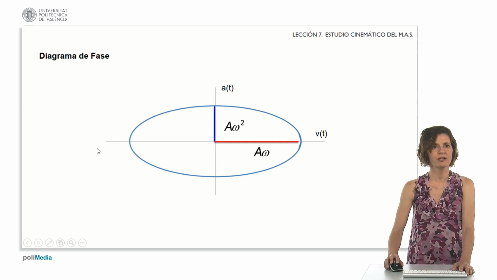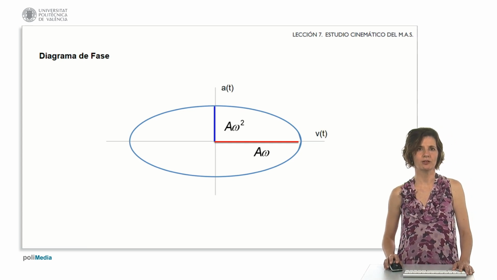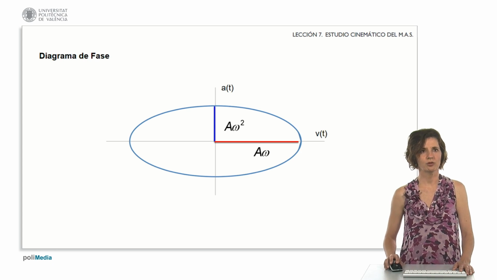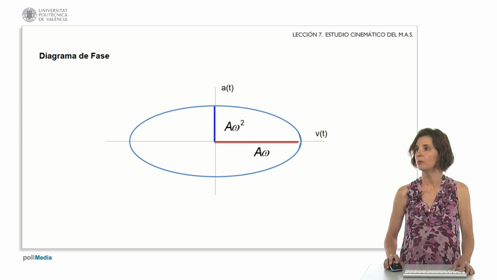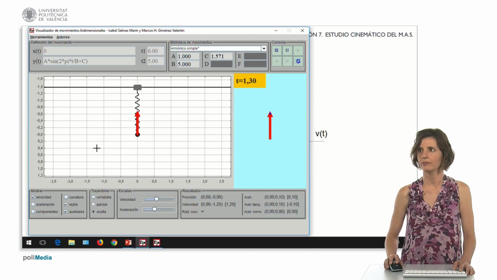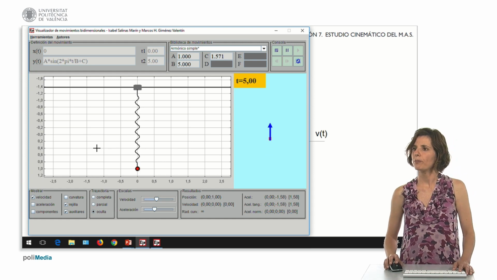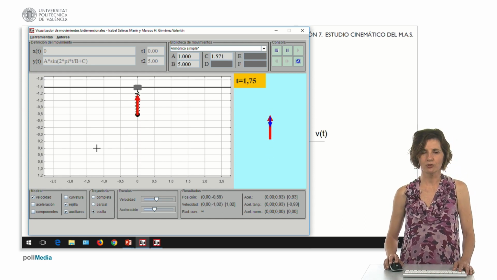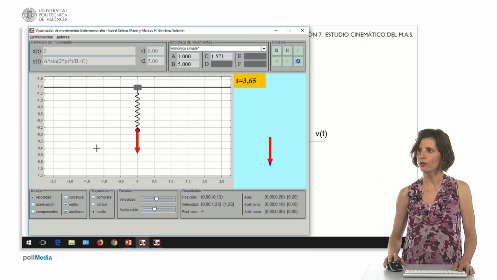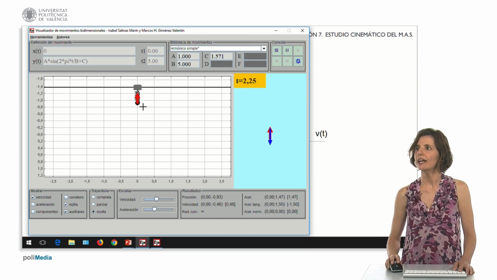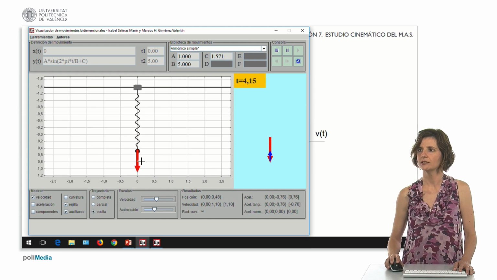Well, let's see how the velocity vector and the acceleration vector evolve in simple harmonic motion. Let's see it in an animation. Here we see how when the spring is fully contracted or fully elongated, the velocity vector, which is the red vector, is 0. See?